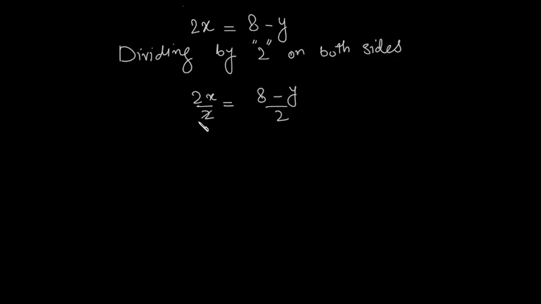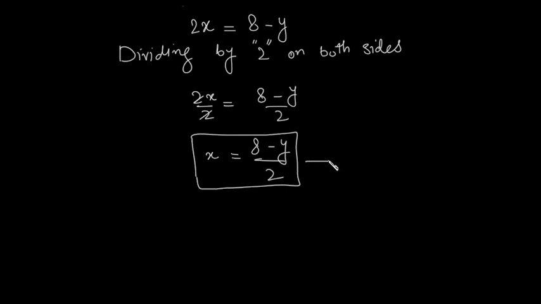So after cancellation, we have x as a subject, and here 8 minus y by 2. Now this is statement number 1.